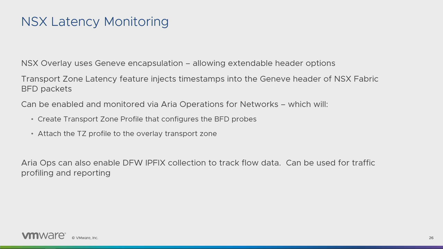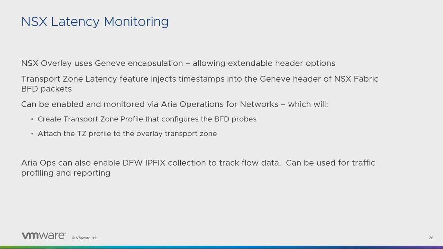Latency monitoring, if this is enabled at a transport zone level, only works if you're running Geneve overlay. If you're not running overlay, you're running DVPGs only, this won't help you. Inside Geneve, one of the reasons why we left VXLAN from NSX-V and went to Geneve is because the Geneve header is extendable.